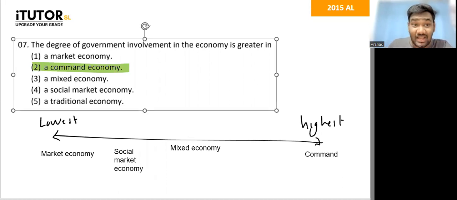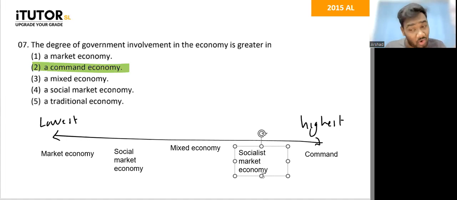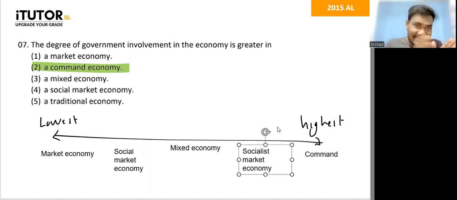But a socialist market, in countries like China, has comparatively high government involvement, not as high as a command economy, but usually high. So if you put this on a scale from lowest to highest, this is how it looks.